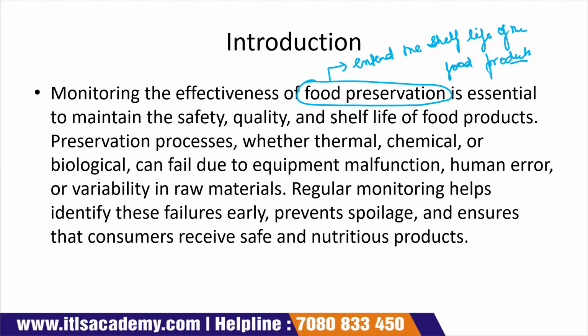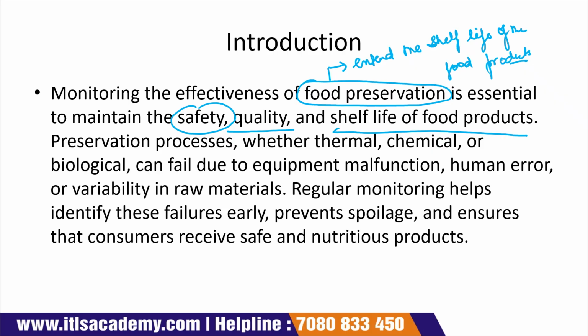This effectiveness should be monitored because it maintains the safety of the food product, provides good quality food to the consumer, and also monitors the shelf life of the food products.